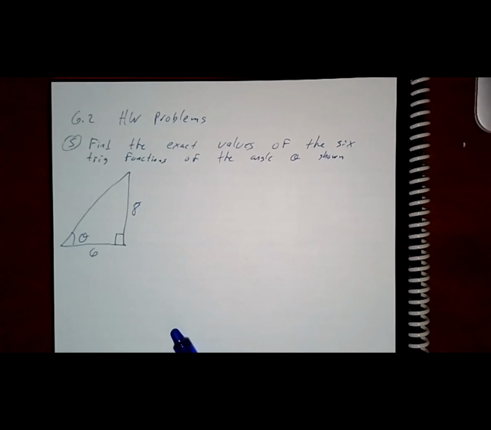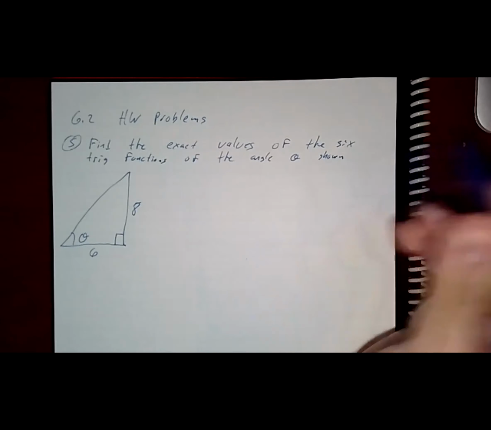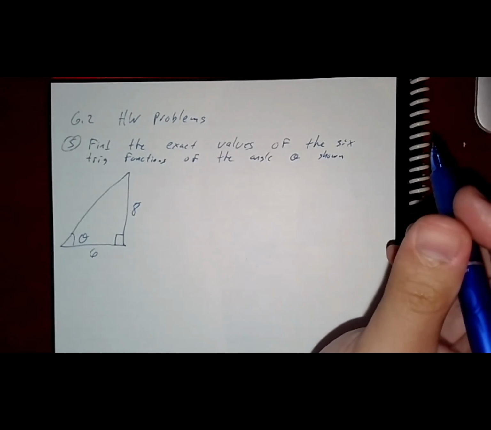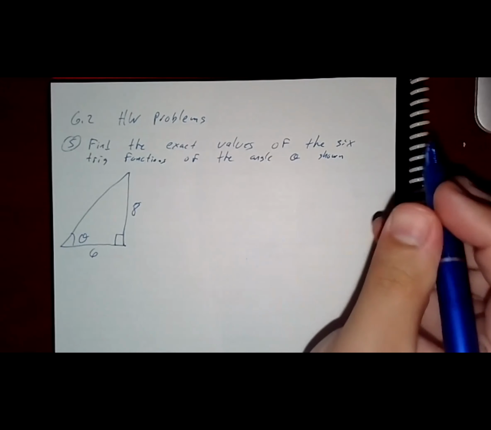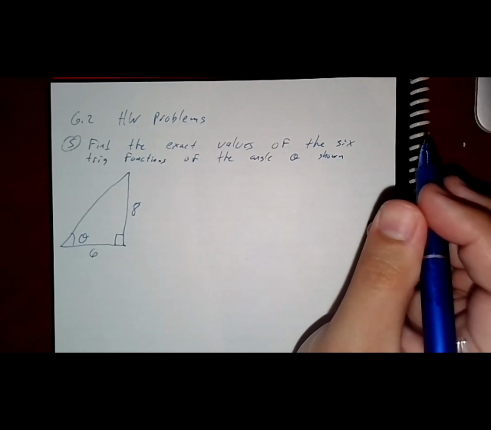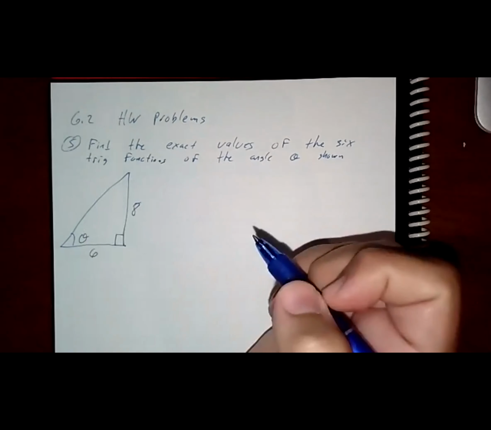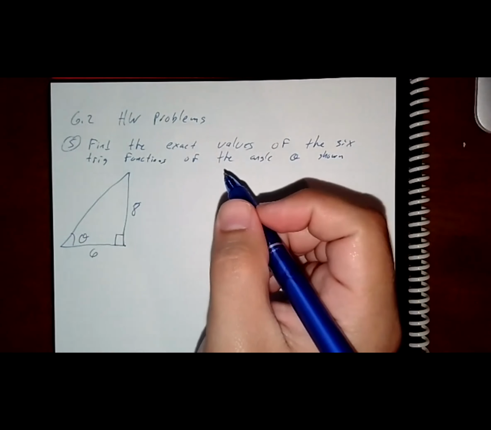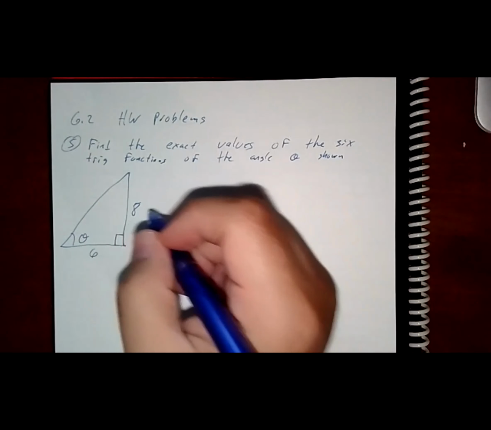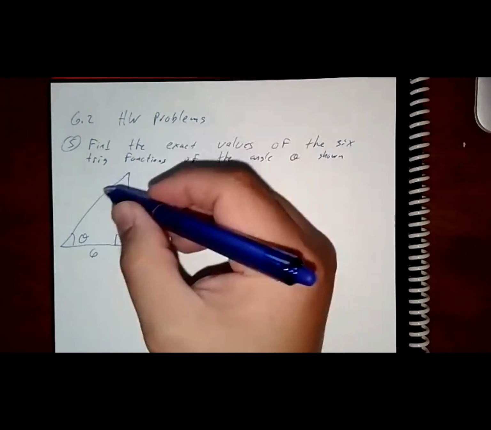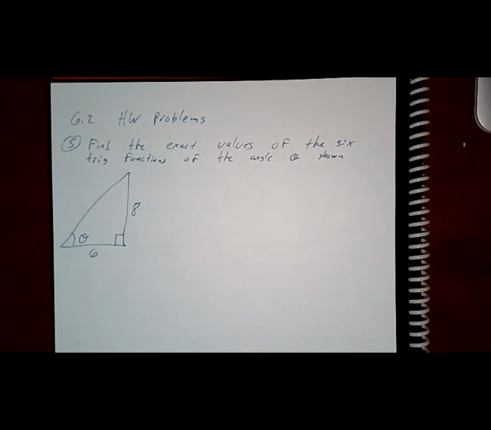How do we find the hypotenuse? No, we've done that. Adjacent over opposite? Well, that'll give us one of the trig functions, but how do we get that missing side?